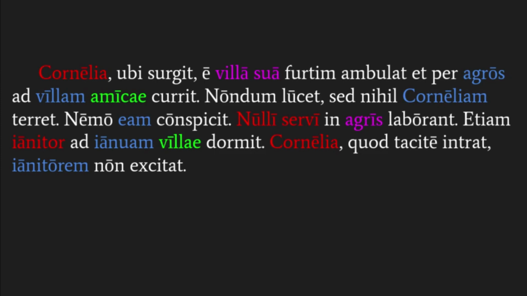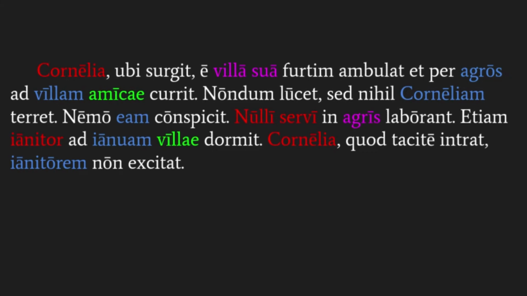You just translate it on its own as nothing. So it's acting as the subject here. You're saying nothing frightens or scares Cornelia, right? And that's why she's the direct object. It continues, nemo eam conspicit. So nobody, nemo, right? Again, that's acting as the subject. Nobody catches sight of her, eam. Eam is our accusative direct object.